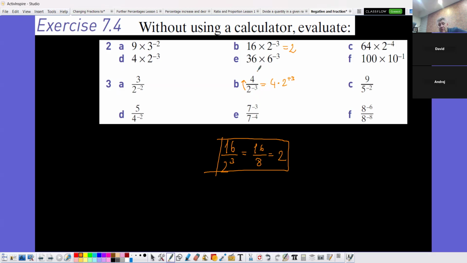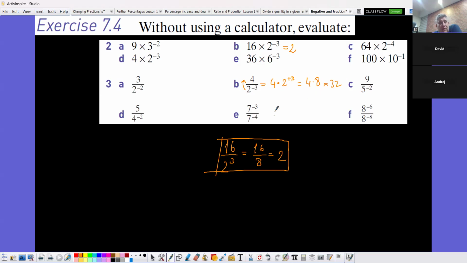So if this goes up, you should change the sign, and it should be in times form. Then it's going to be equal to 4 times 2 to the power of 3, which is equal to 4 times 8. 2 to the power of 3 is equal to 8. Then it's going to be equal to 32.